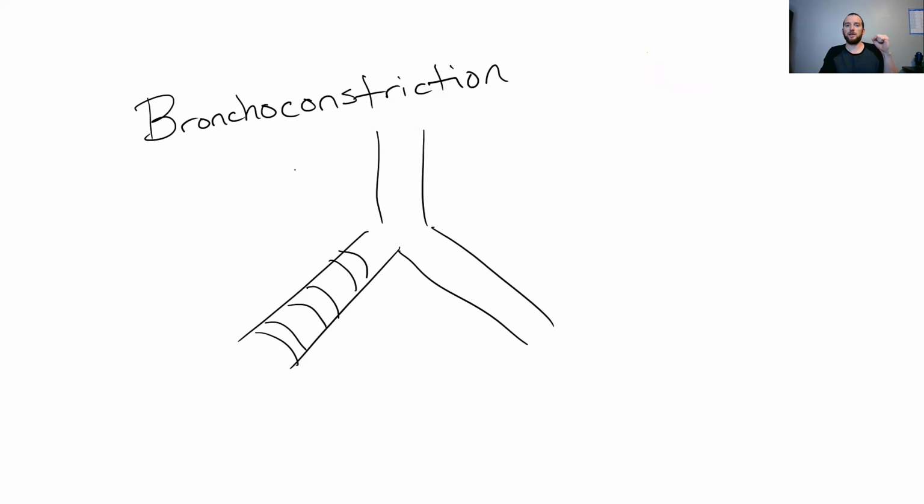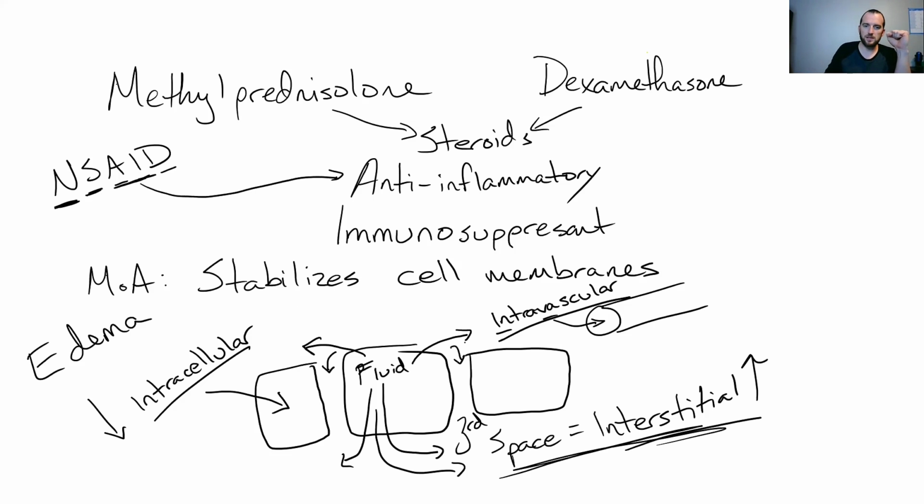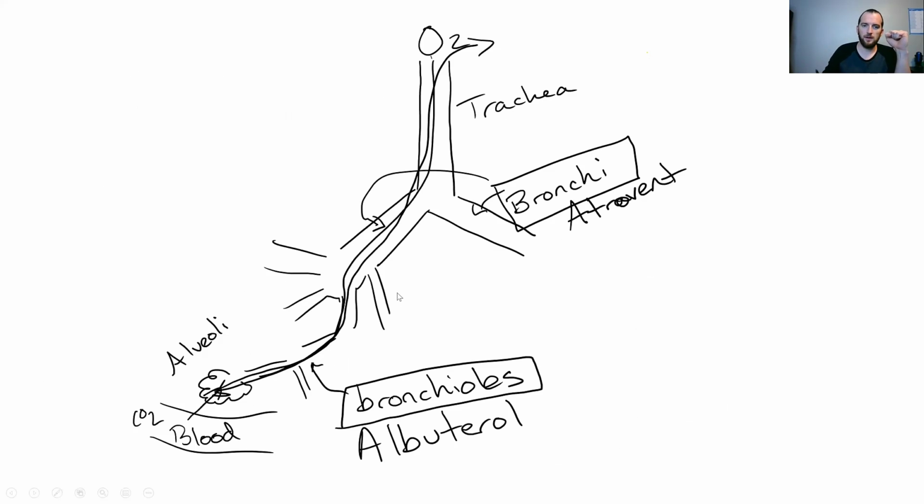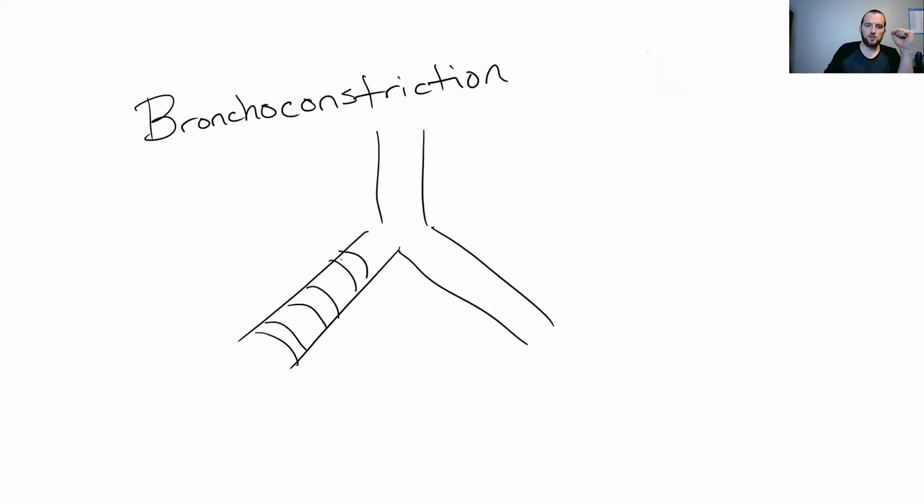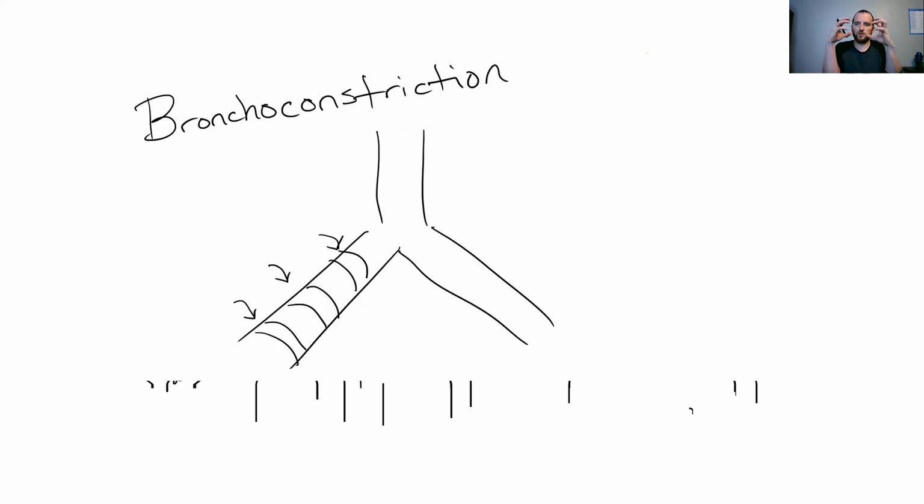Really what it is, those bronchial smooth muscles are swelling, and that swelling is causing the bronchoconstriction. So it's the actual fluid, like we were saying, leaving the cells and going into that third space. When that's happening on these smooth muscles wrapped around our bronchi and bronchioles, that fluid starts shifting, those bronchial smooth muscles start swelling. But it's an enclosed container, so when it starts swelling, it starts constricting the size of that pipe.